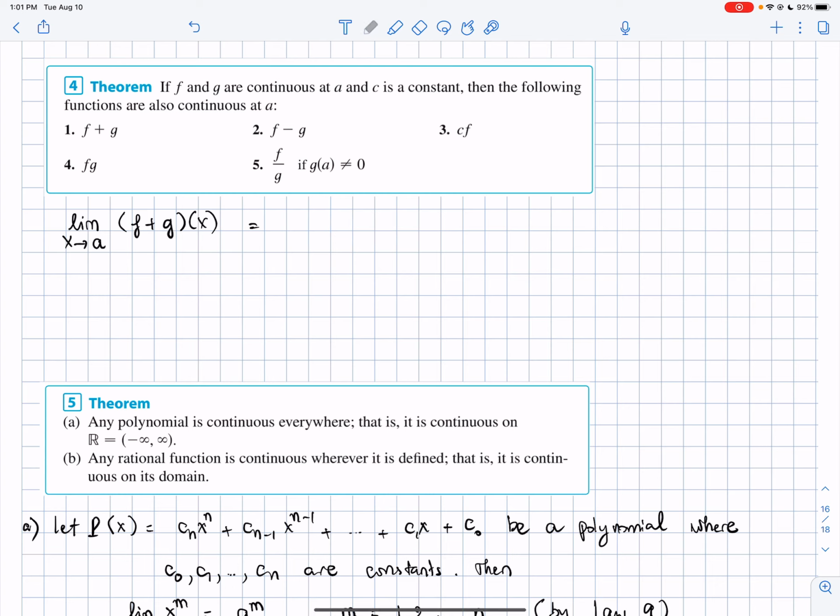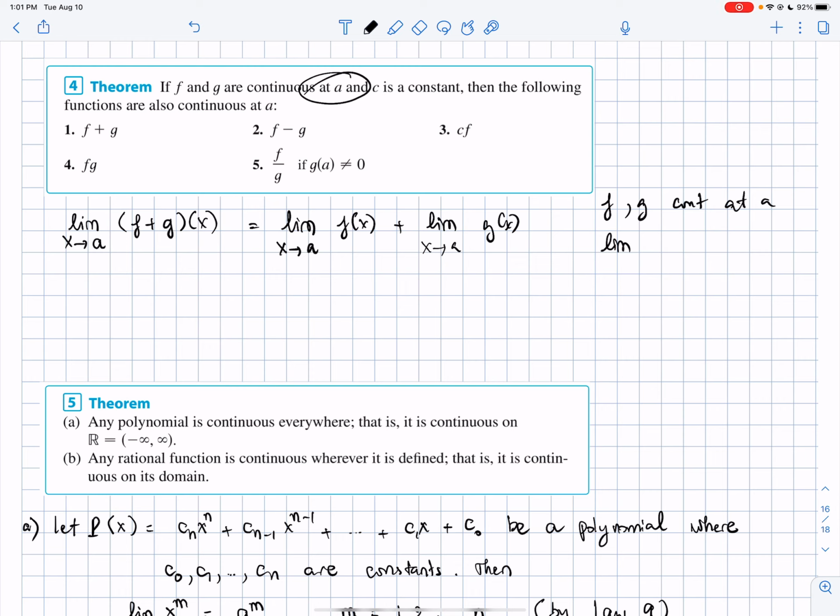Because we have the sum, we can break this down using the first law. We know that the function f is continuous, and the function g is also continuous at a. This is given from the theorem.